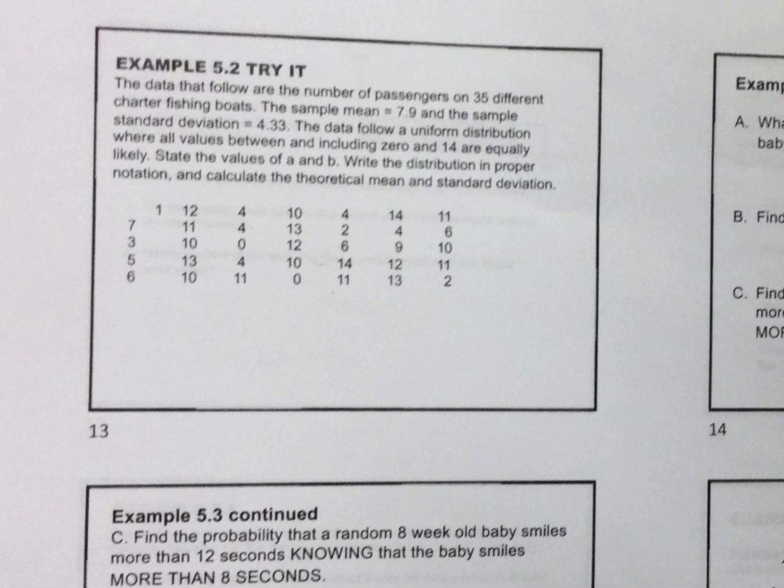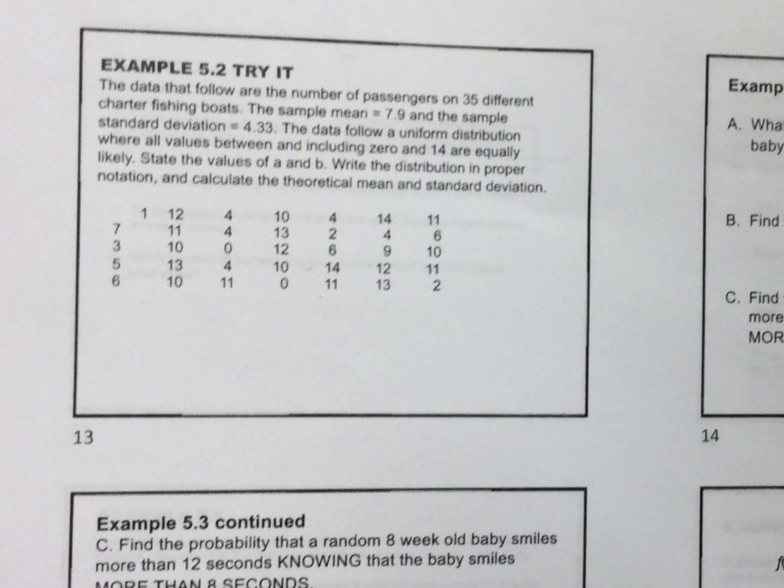Try it. This is the number of passengers on 35 different charter fishing boats. The sample mean is 7.9. And the sample standard deviation is 4.33.